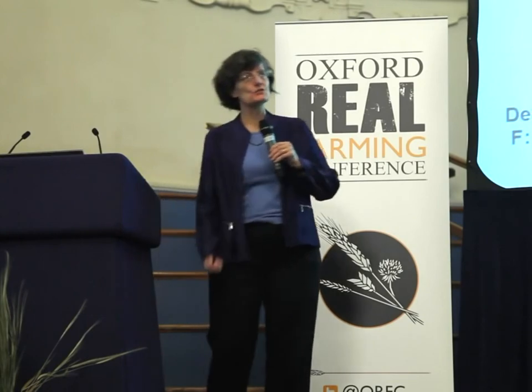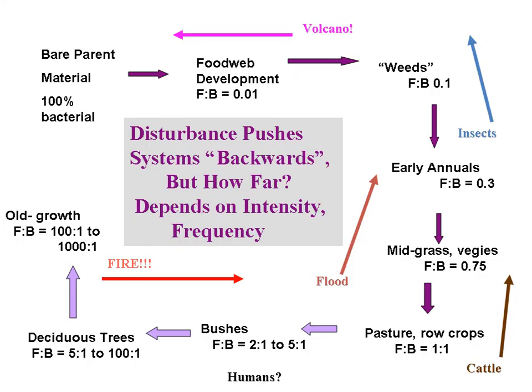So disturbance is going to drive us backwards in succession. So think about a flood that happens late in the growing season where the bacteria and fungi are growing very, very rapidly. And so those organisms start using up all the oxygen in that soil. You're going to be driving your soil back to really early stages of succession.